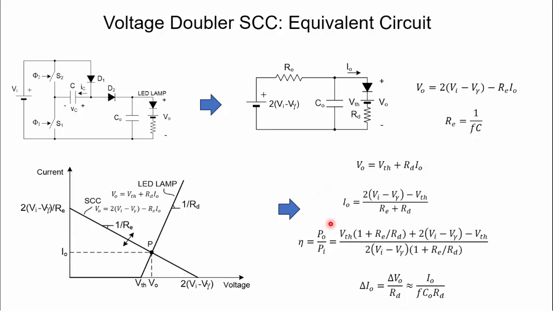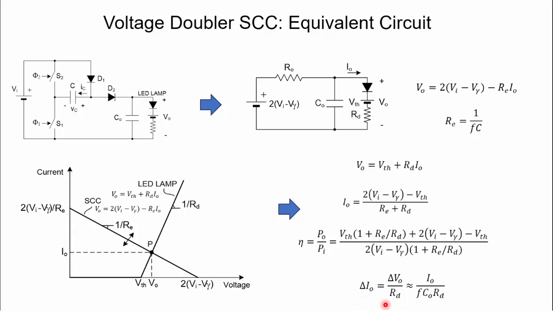Here we have the equation corresponding at the end to the current that we are going to have through the LED, and even we can calculate the efficiency. The problem of modifying Re is that if we increase Re, then we are going to have higher losses in the operation because we are going to have losses here, and therefore the efficiency is going to decrease.